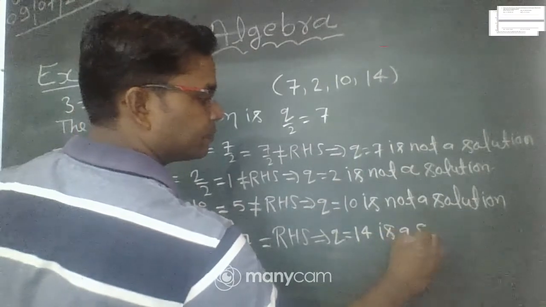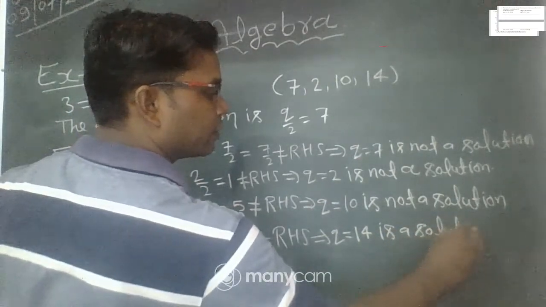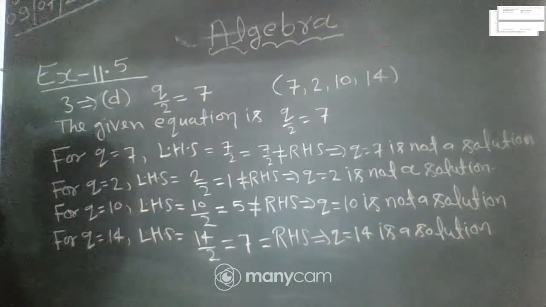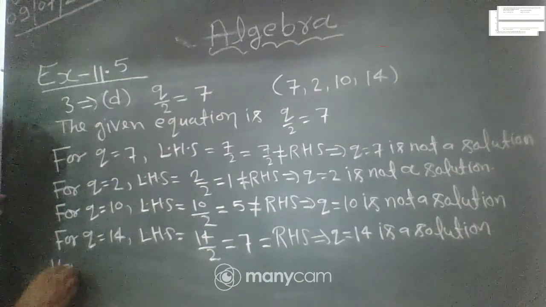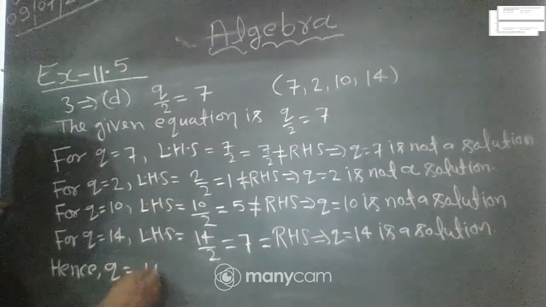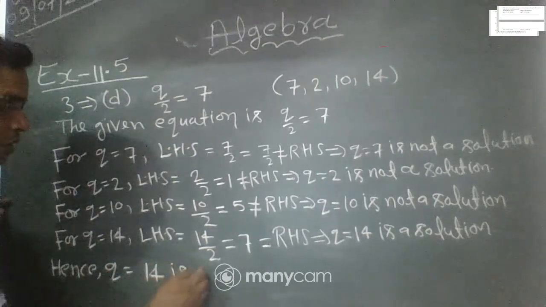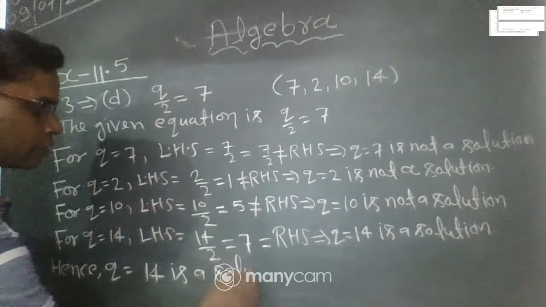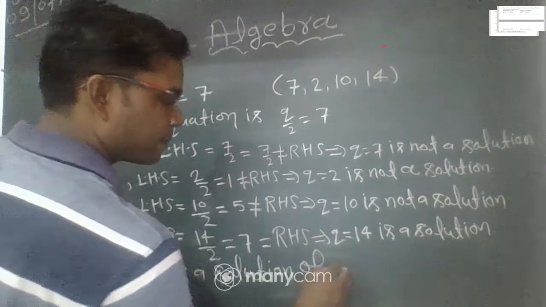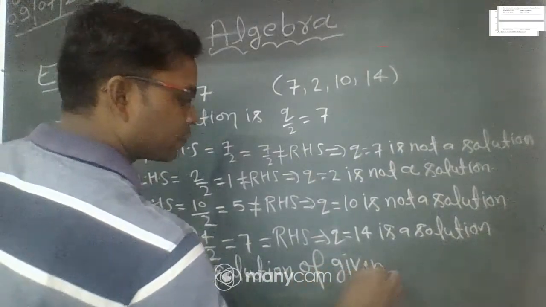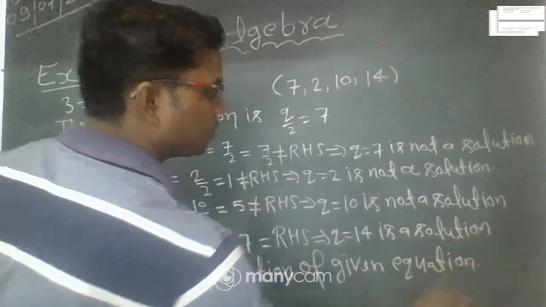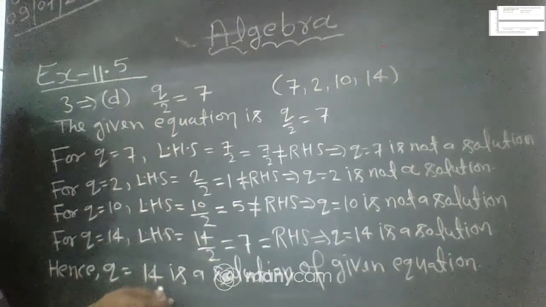Okay, so at last we can write, hence q is equal to 14 is a solution of the given equation.